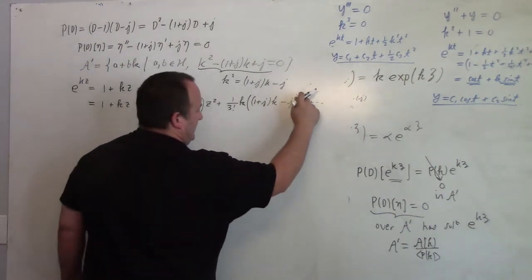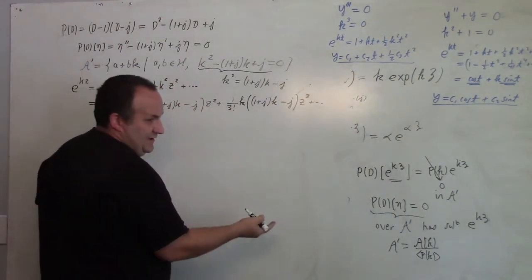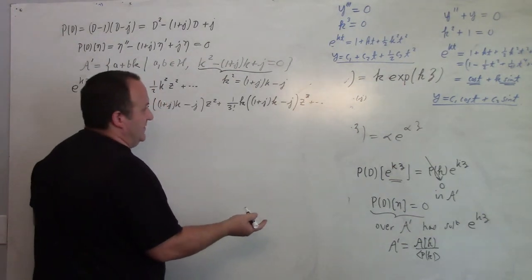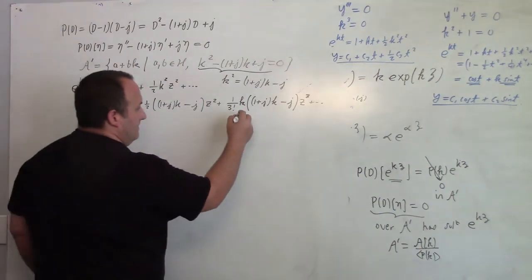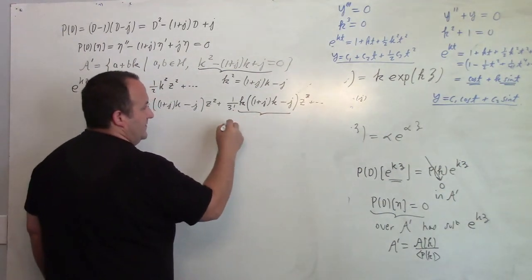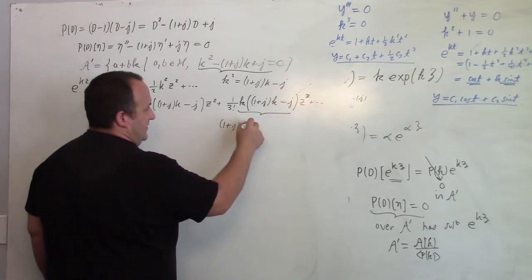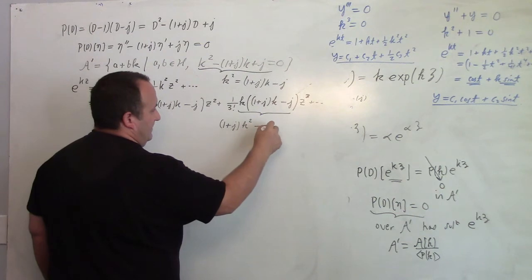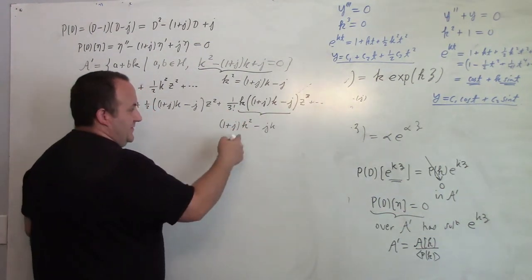So it's actually kind of a pain to sort out what happens to these powers of k. See, because when you get to k cubed, what happens here? You got yourself 1 plus j times k squared, right? Minus jk. But the k squared is what?